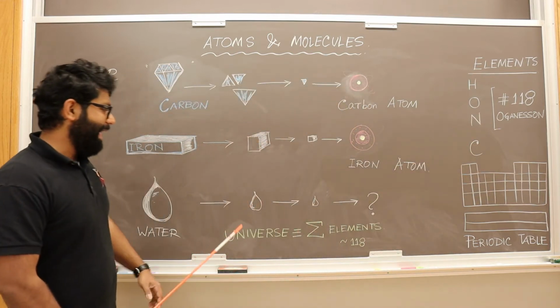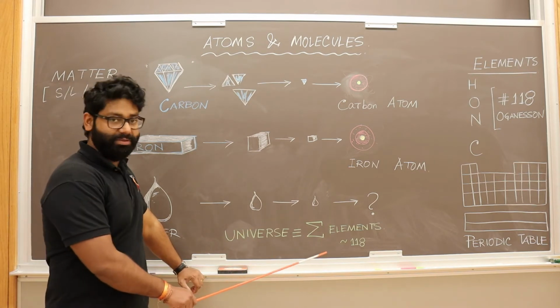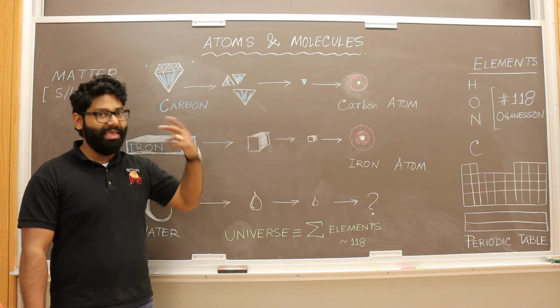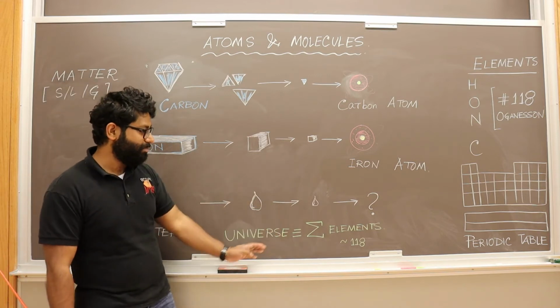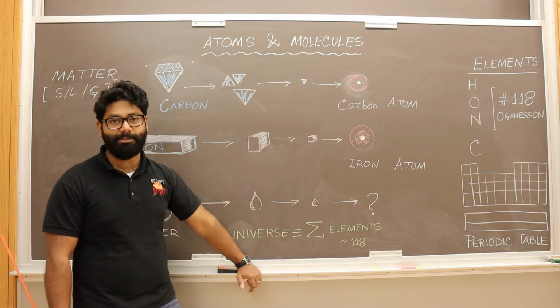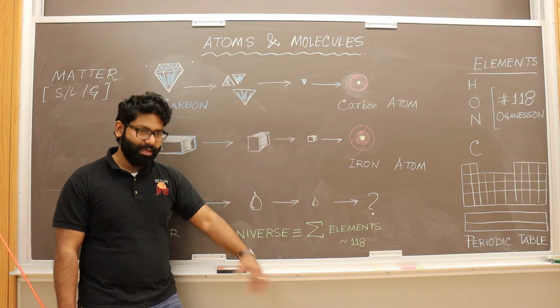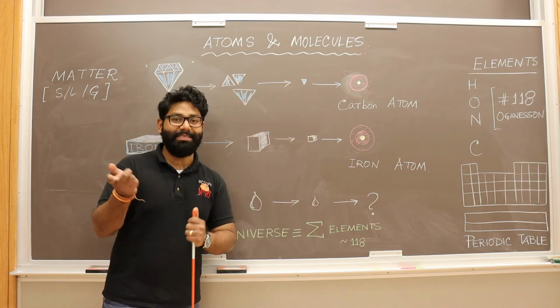Everything in this universe is made up of these 118 elements, right? There can be nothing other than these. There might be a few that we haven't discovered yet, but most things in this universe are made up of these 118 elements. For an analogous concept, the English language is made up of 26 alphabets, right?